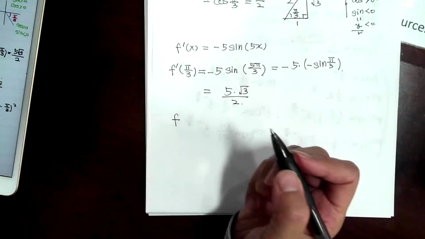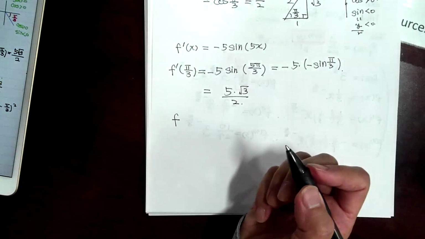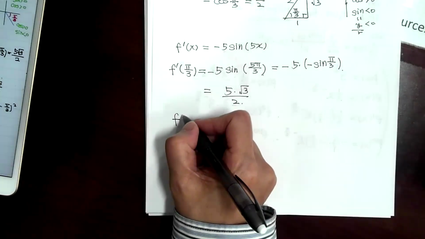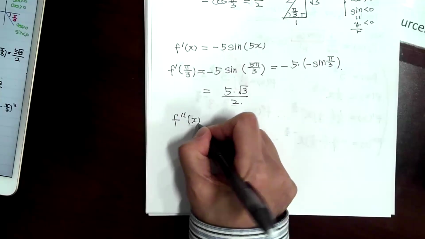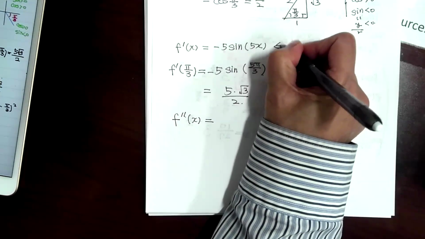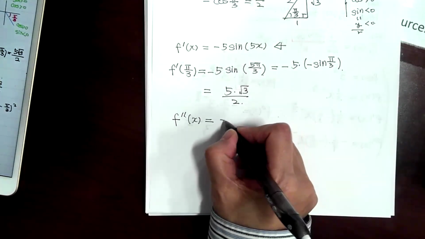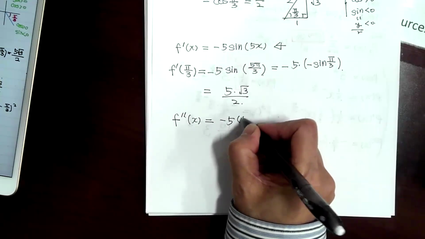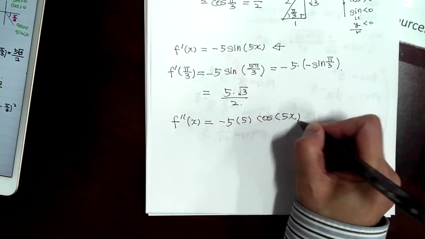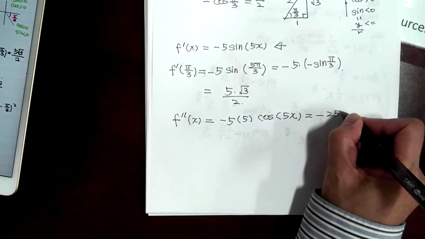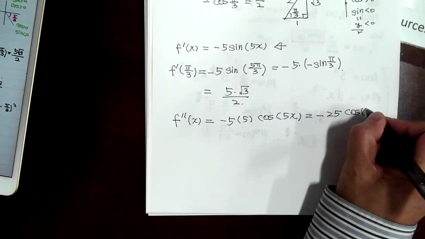Let's do the second derivative. We differentiate the first derivative, then that's minus 5 times 5 times cosine of 5x, so that's minus 25 times cosine of 5x.